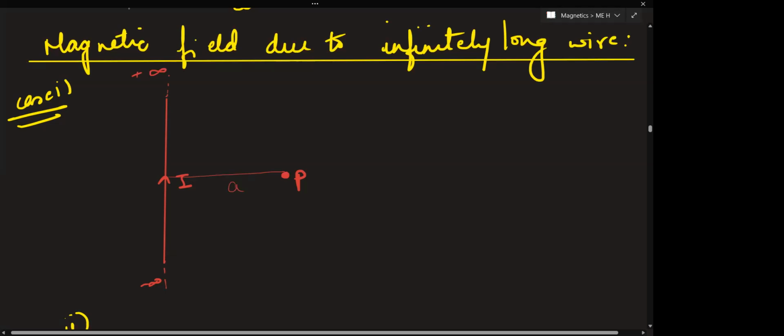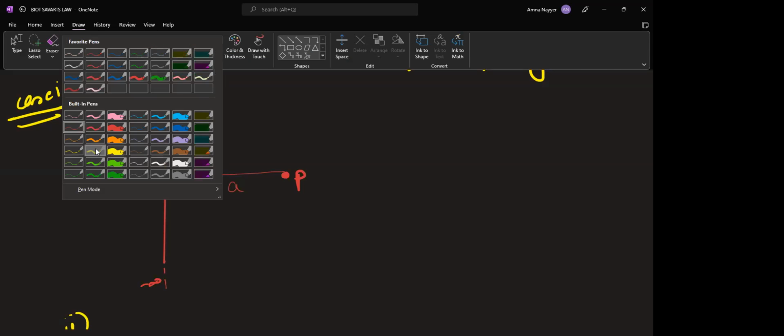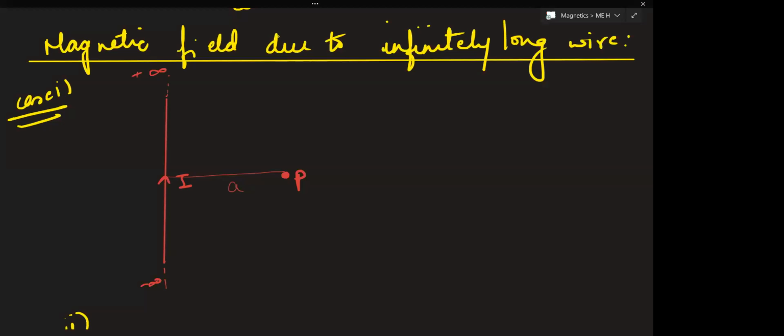Let's say A is the separation. Can anyone tell me what is the symbol of the position vector that I have used here? See the figure. A, exactly, Wafia. See, this was the position vector, the separation of the point from the current element.